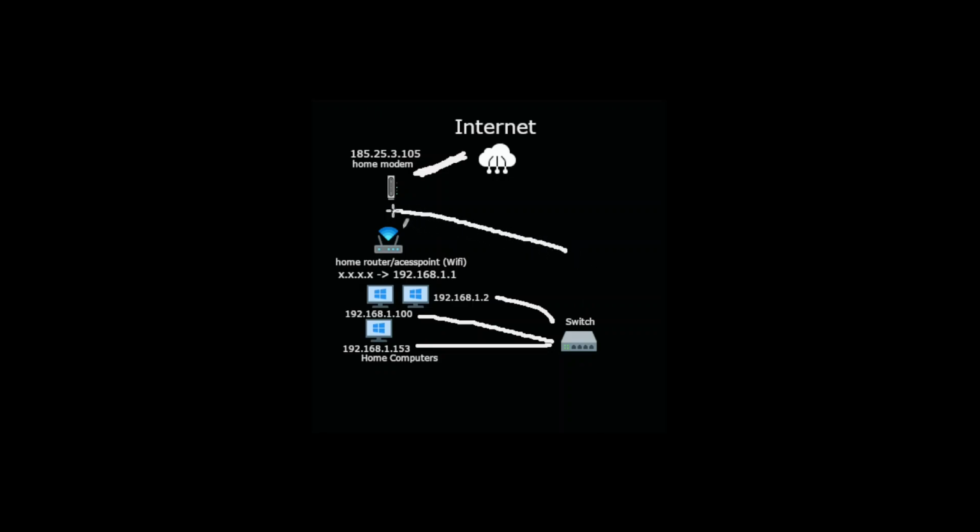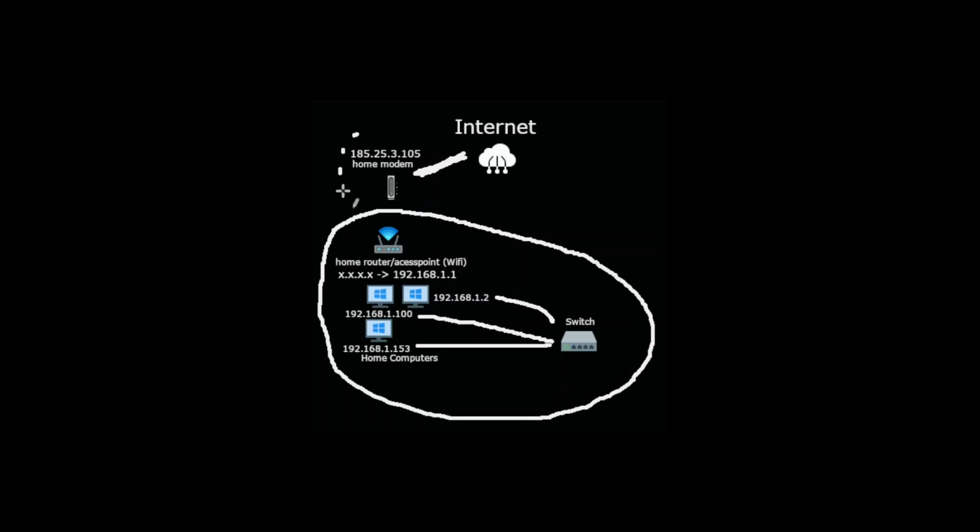Our home network, which is basically consisted of this. I'm going to leave the modem as a little bit of an outlier because it is part of our network, but it is not because it's in the internet, kind of, sort of. So we have two real idea sets here.